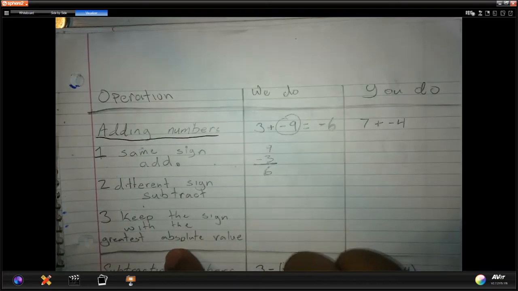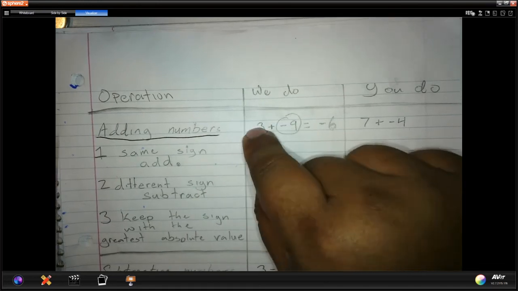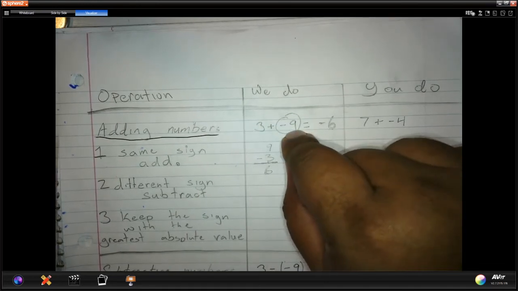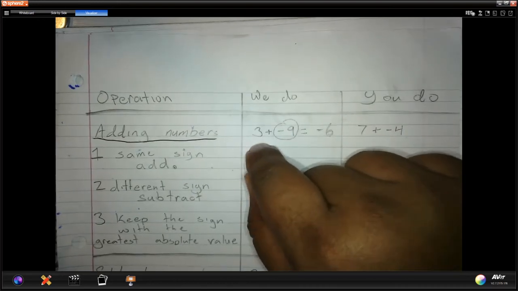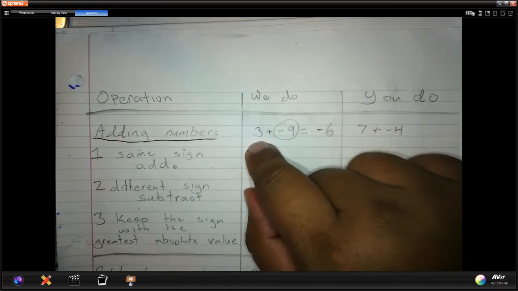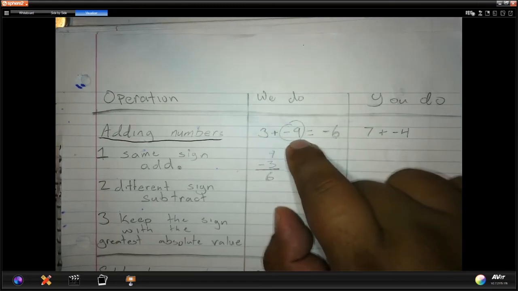When it says the absolute value, that means I'm just looking at my numeral, the number that's in there. So I'm looking at the number 9, not the negative 9, and just the 3 and not a positive 3. Which one is bigger? Well, 9 has a bigger value when we're talking about absolute value.